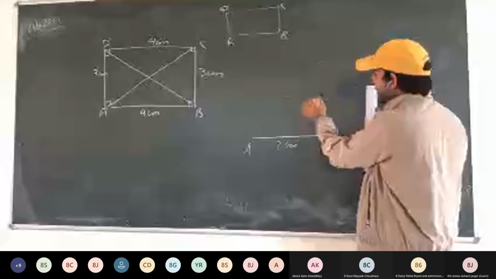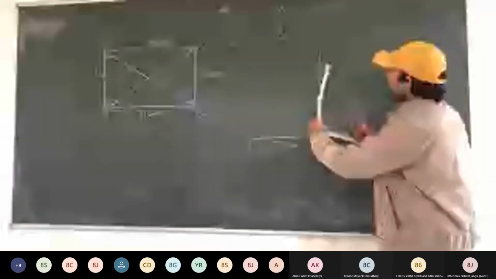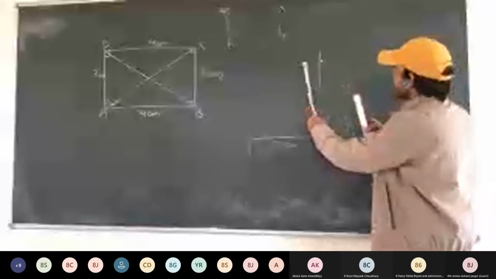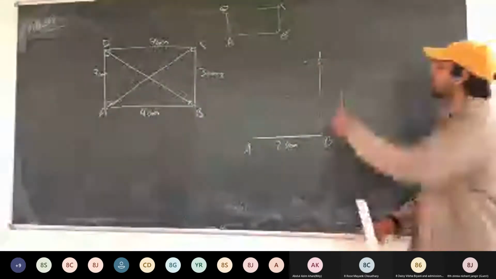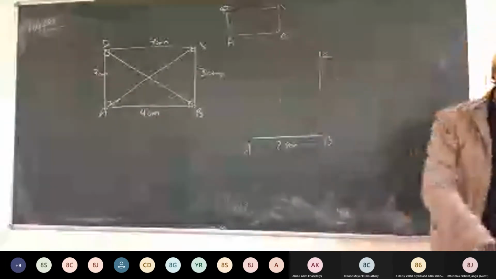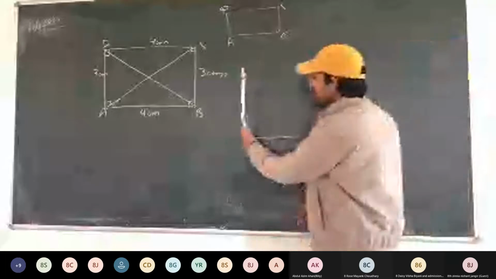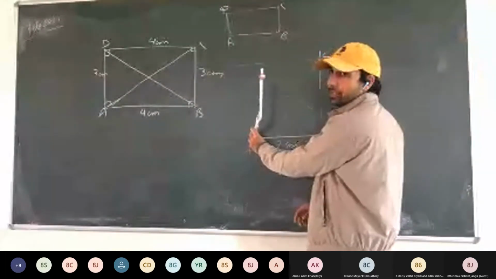9 centimeters. Take 9 centimeters in your compass and make an arc. So which point do we have? C we got. Now we require D. So from A, make an arc of 9 centimeters.